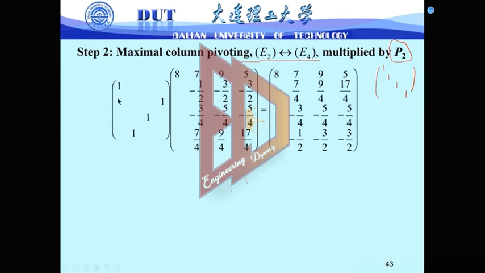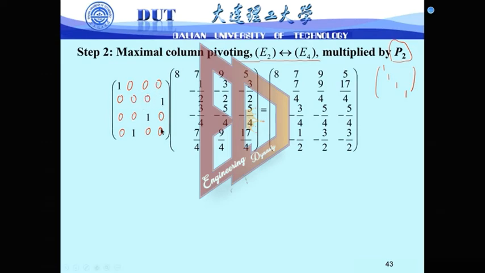So here 1 0 0 0, we don't change the first row. But the second row becomes the fourth row: 0 0 0 1. The third row we don't change: 0 0 1 0. And we move the second row to the fourth row: 0 1 0 0. This is P2.